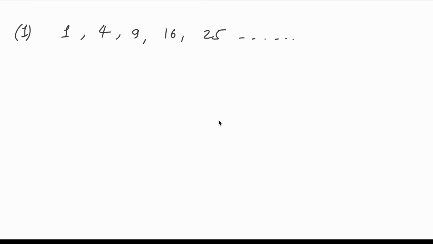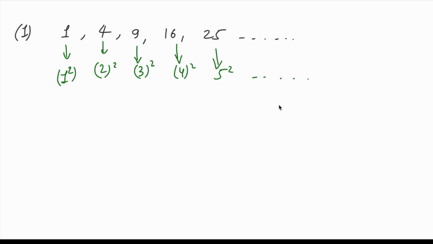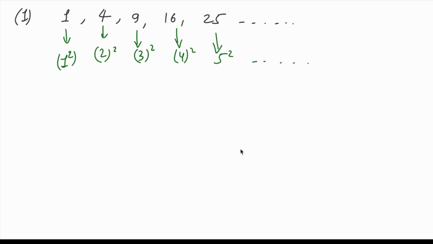When you focus on the pattern, these are the squares of integers, right? This is 1 square, this is 2 square, 3 square, 4 square and 5 square, and it's continuous, right? So now we have to write the next 15 terms.